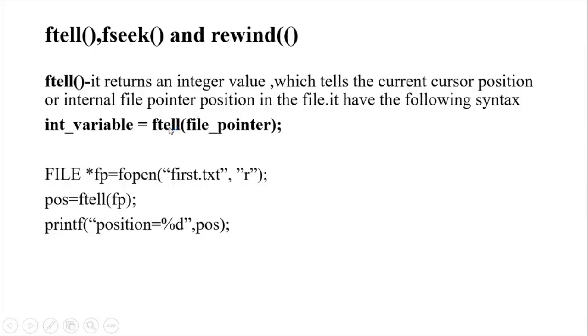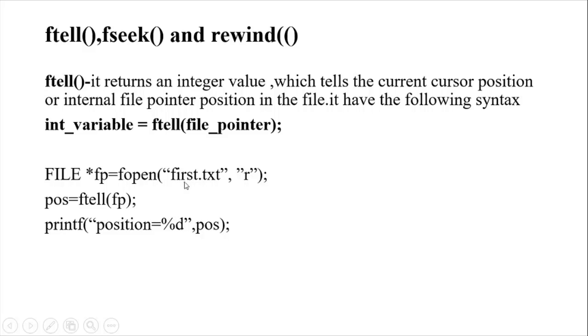This ftell returns the current position of the file pointer in the particular file into this integer variable. See this example: FILE *fp = fopen("first.txt", "r").